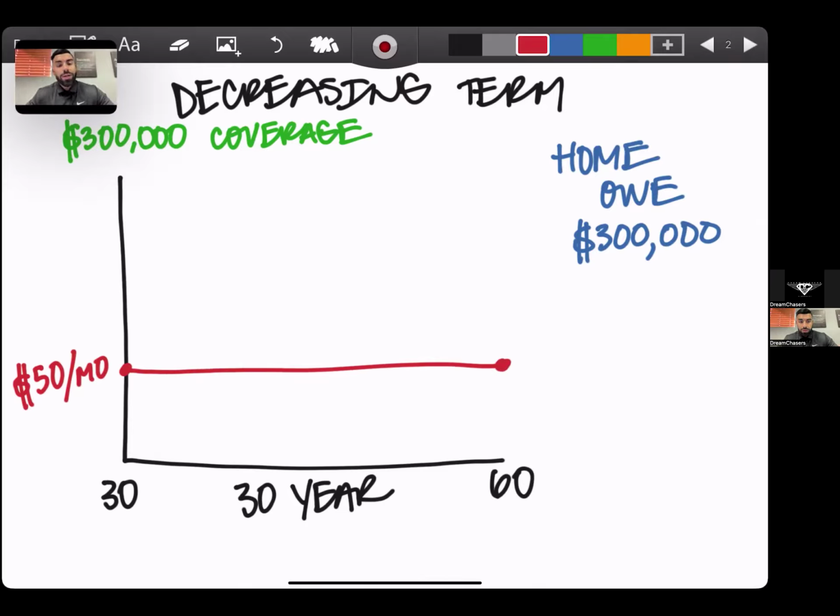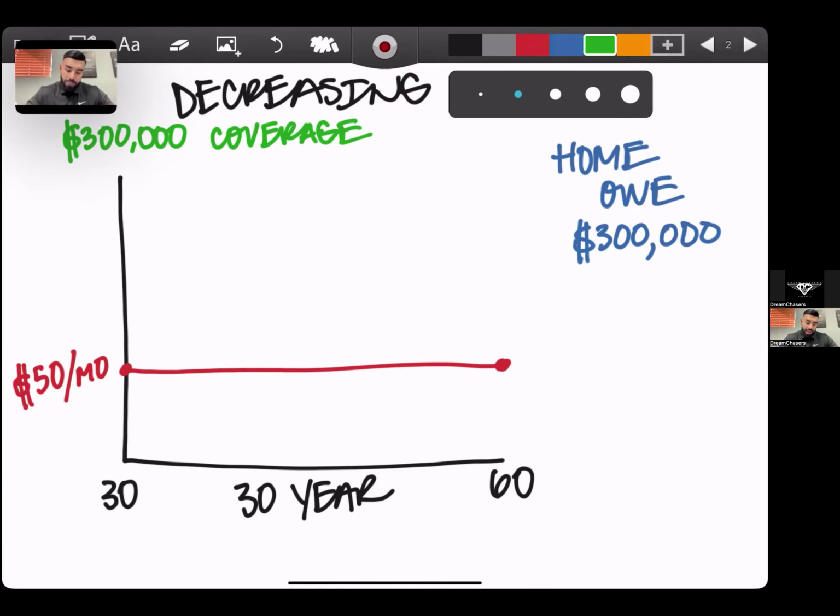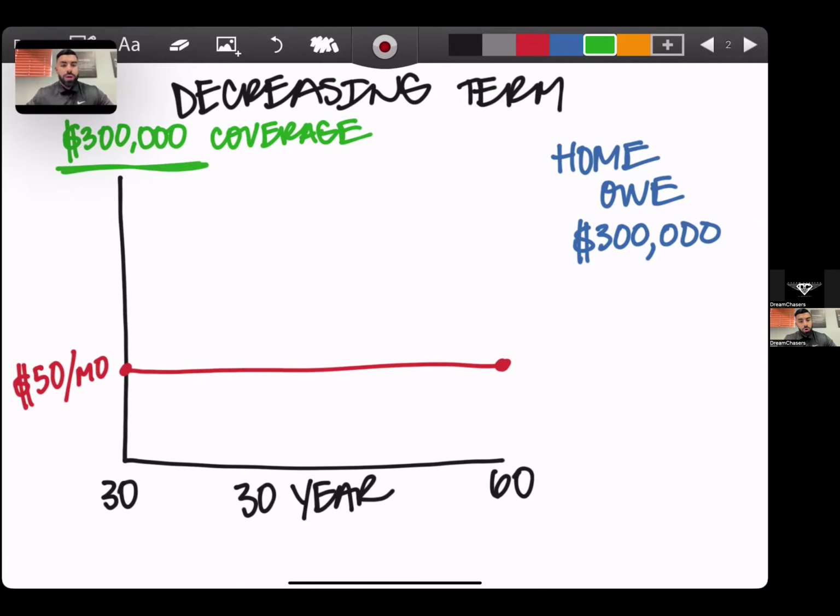Now, what decreases is the coverage. So, for example, I have $300,000 when I start, but as I start to pay my home down, then my coverage is also going to go down. So, let's say in these 30 years that I have my loan, I pay off half of the house.